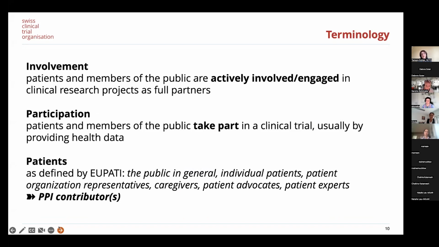And when we talk about patients, we actually use the definition by UPAPI, which means the public in general, individual patients, patient organization representatives, but also caregivers, patient advocates, or patient experts. And you will also find the term PPI contributors throughout our presentation today.